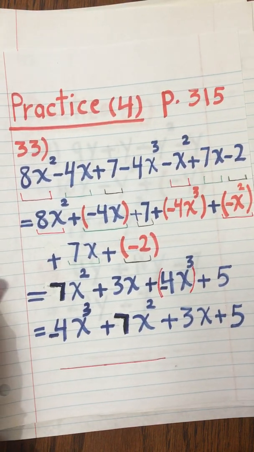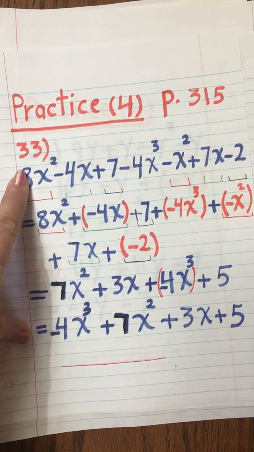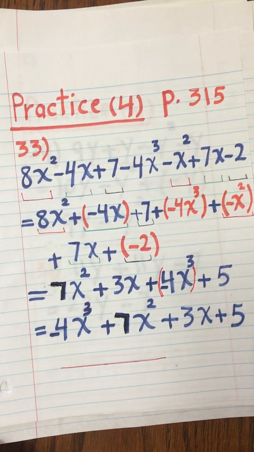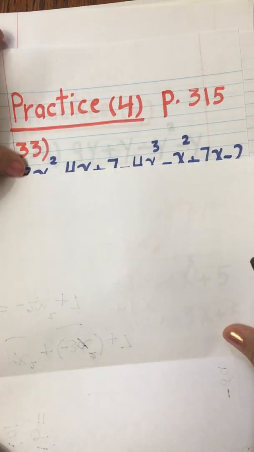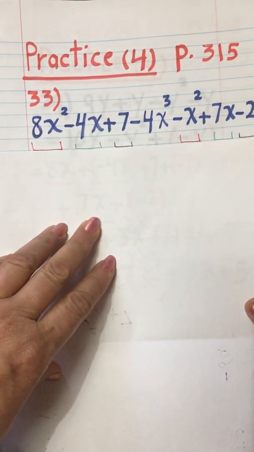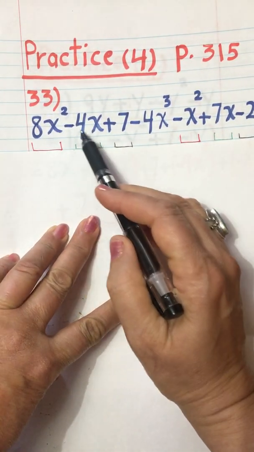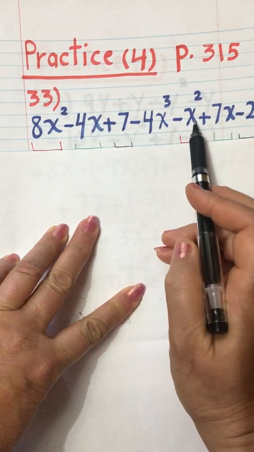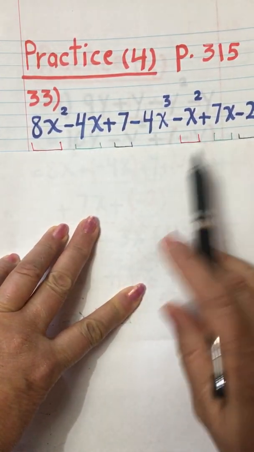Practice 4 on page 315. So question 33. So for question 33, let's count the terms first. 1, 2, 3, 4, 5, 6, 7. So I have 7 terms.